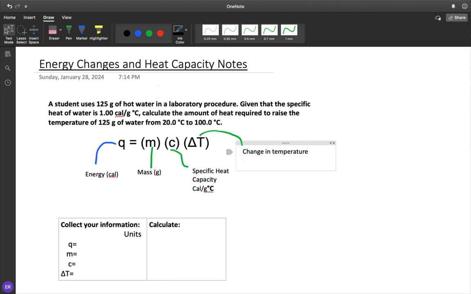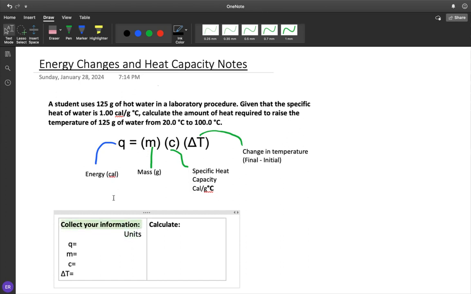If we have two temperatures, we're always going to take the final, the ending temperature, minus the initial, the starting temperature. So our change in temperature, our triangle T, is always the ending temperature minus the starting temperature. Okay, now that we've reminded ourselves of what each of these mean, let's go ahead and collect our information.